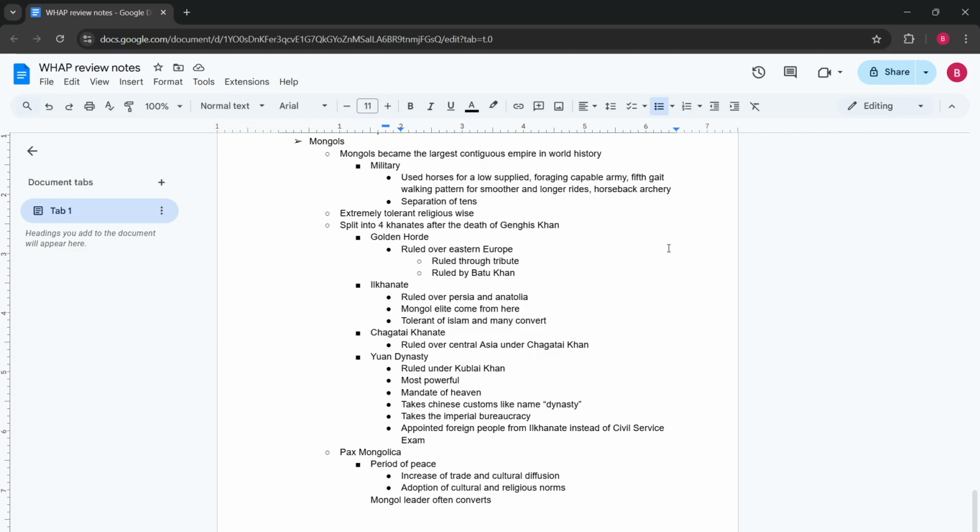And after the death of Genghis Khan, the empire split up into four khanates. So the Golden Horde rules through tributary systems over Eastern Europe and northwestern Asia, being Russia, or Moscow and the surrounding city states. They didn't have as much power over these smaller city states directly.